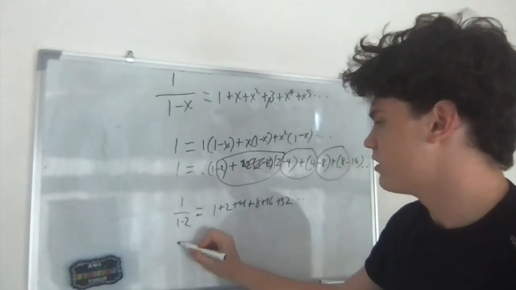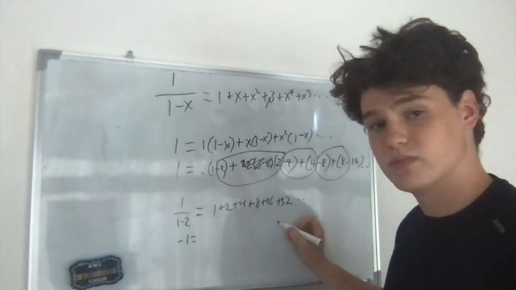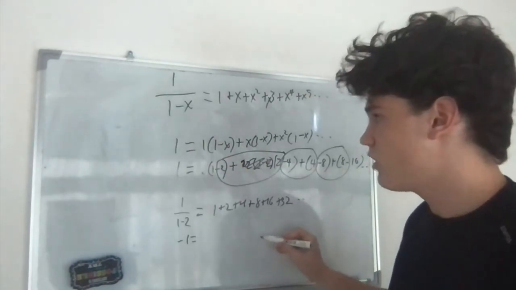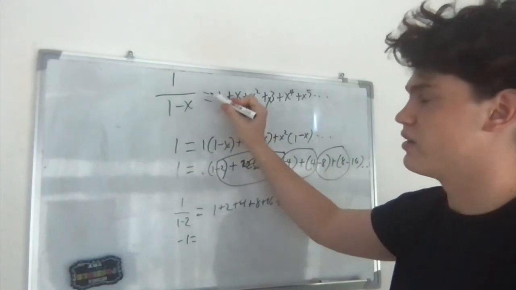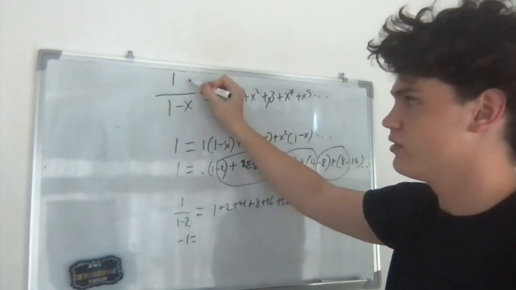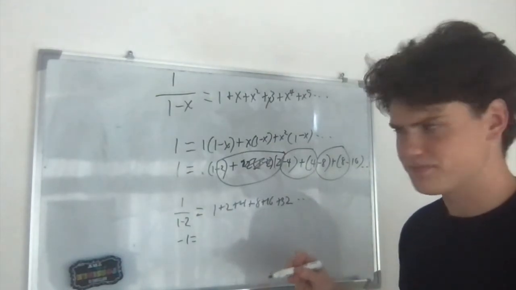So that would mean that negative 1 is the result of this. Doesn't seem correct, right? So we can say that this behaves as this function. However, it is not arithmetically.